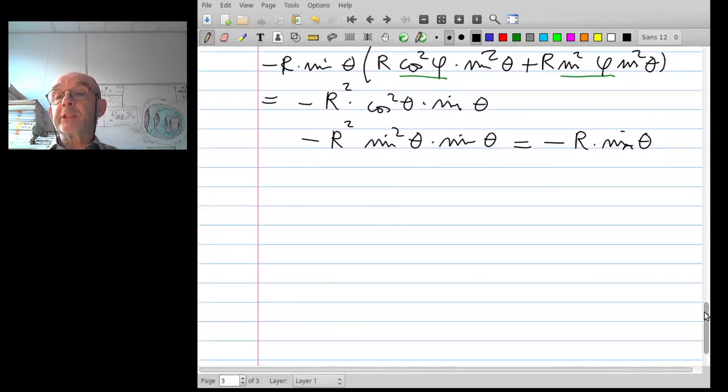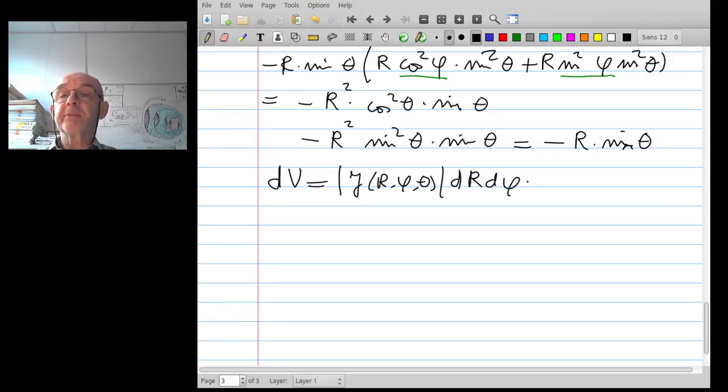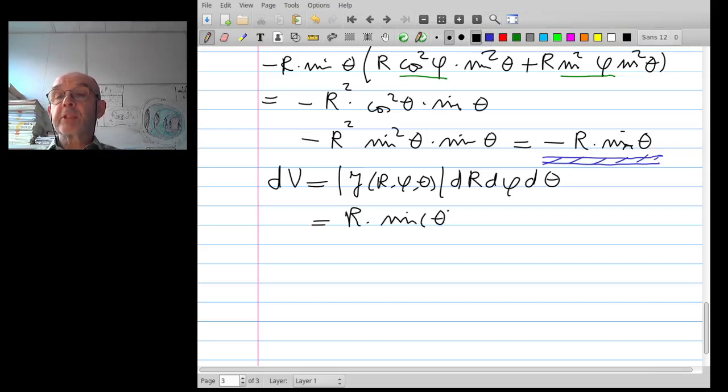So the Jacobian is this one here, and so the correction term will be the absolute value of that Jacobian, and then dr d phi d theta. So with the spherical coordinates, we have to take the absolute value of the value we have just calculated. We take of this one here the absolute value, and we get out of it r times sine theta dr d phi d theta.